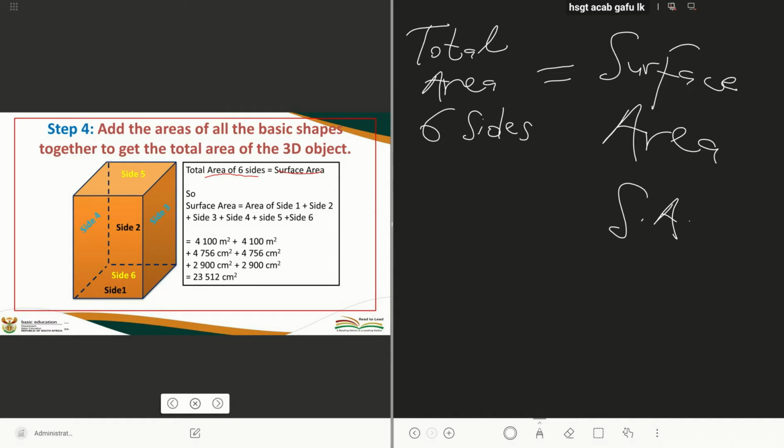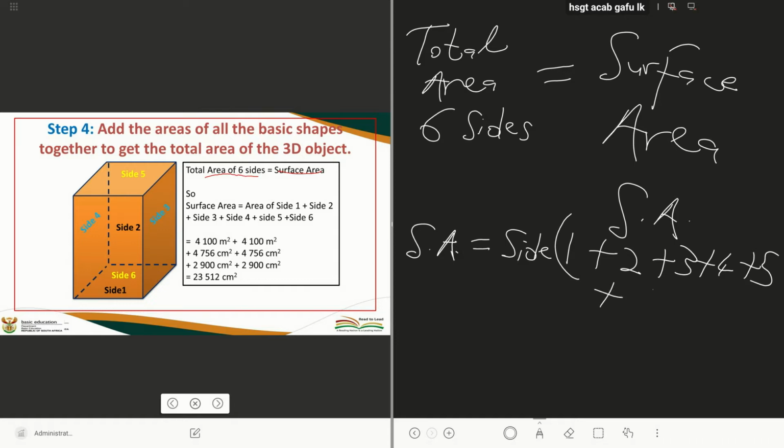So what is the surface area? The surface area is given by the area of side 1 plus the area of side 2 plus the area of side 3, area of side 4 plus the area of side 5 plus the area of side 6. So you take all these sides, you add the values there.